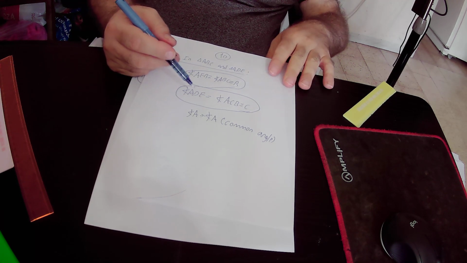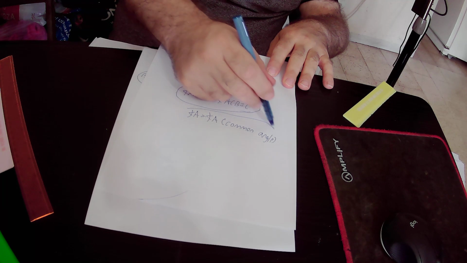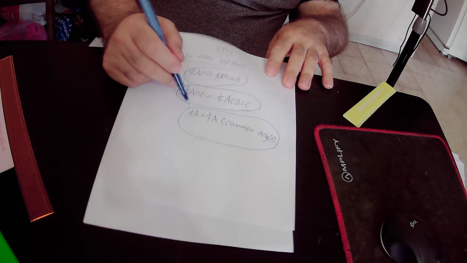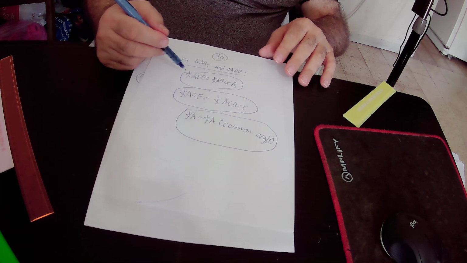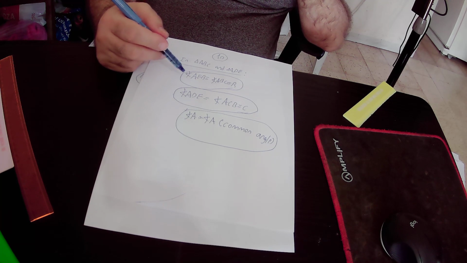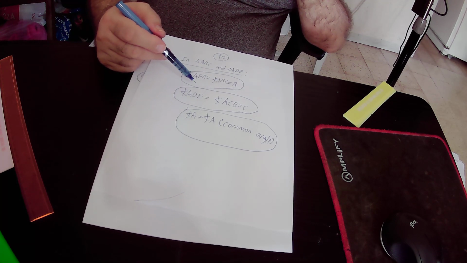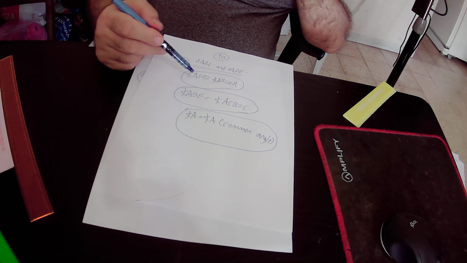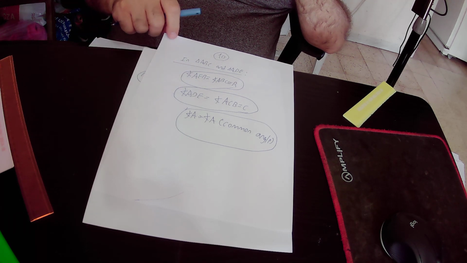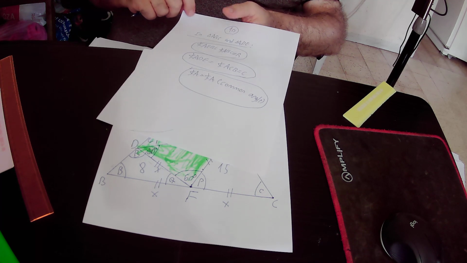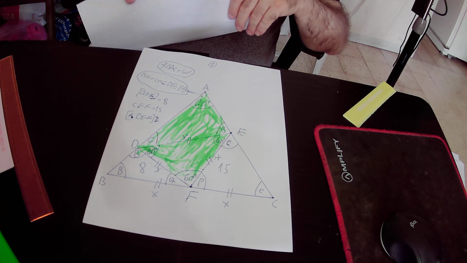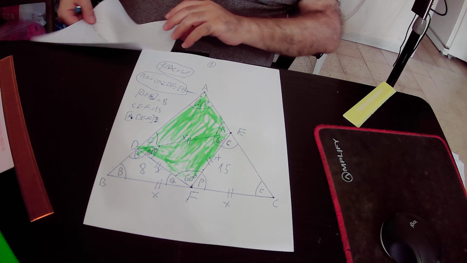So we actually proved that all the angles in the big triangle, triangle ABC, are equal to all the angles in the small triangle, triangle ADE. Therefore, the big triangle ABC is similar to the small triangle ADE.